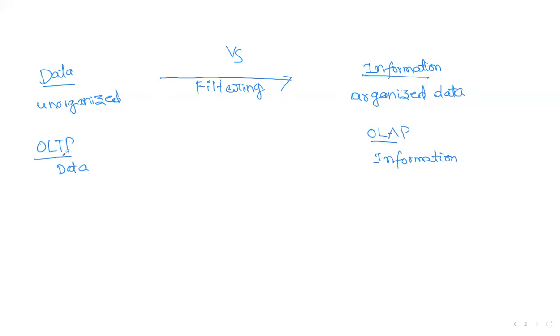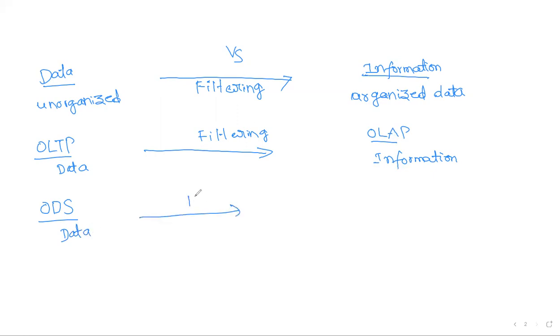In the same way, OLTP, online transactional processing, is data. It collects all types of information. When you apply filtering, after doing so many processes, finally you will reach OLAP, which is called information. In the same way we get another word, ODS, operational data store. In the ODS also, data will be there.